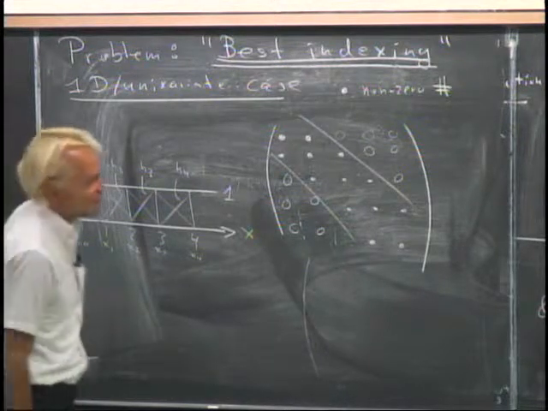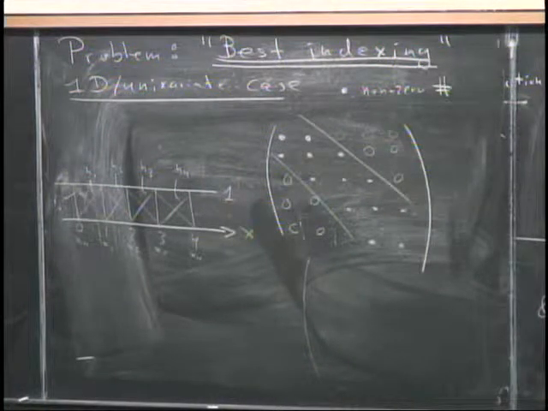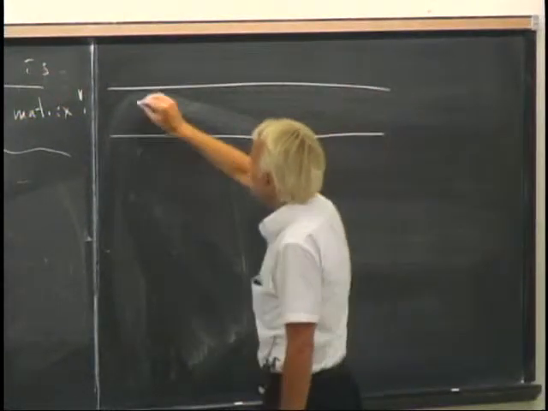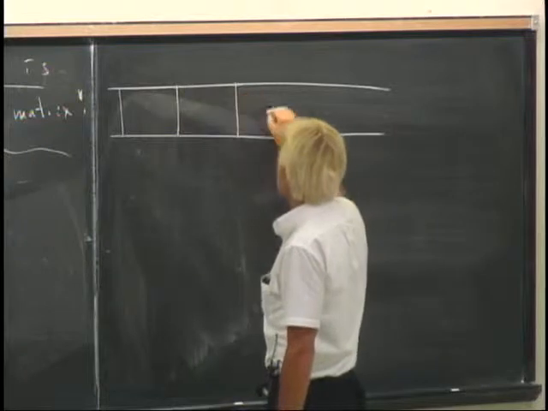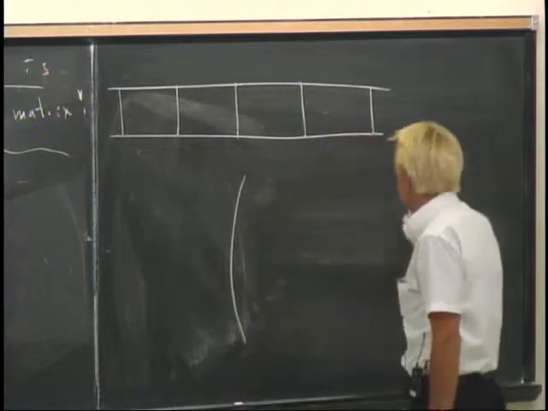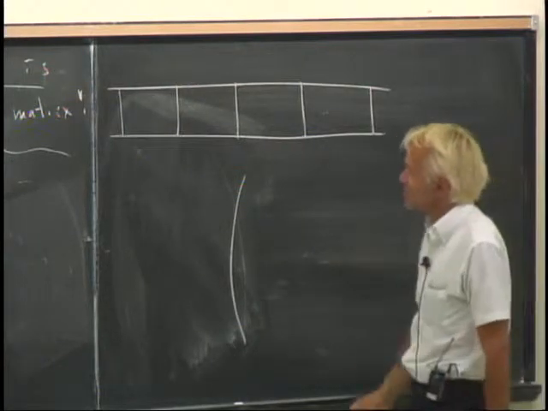But now I do something unnatural. Now I will number these things in an unusual way. I'm only interested in an abstract sense in the structure of that matrix.